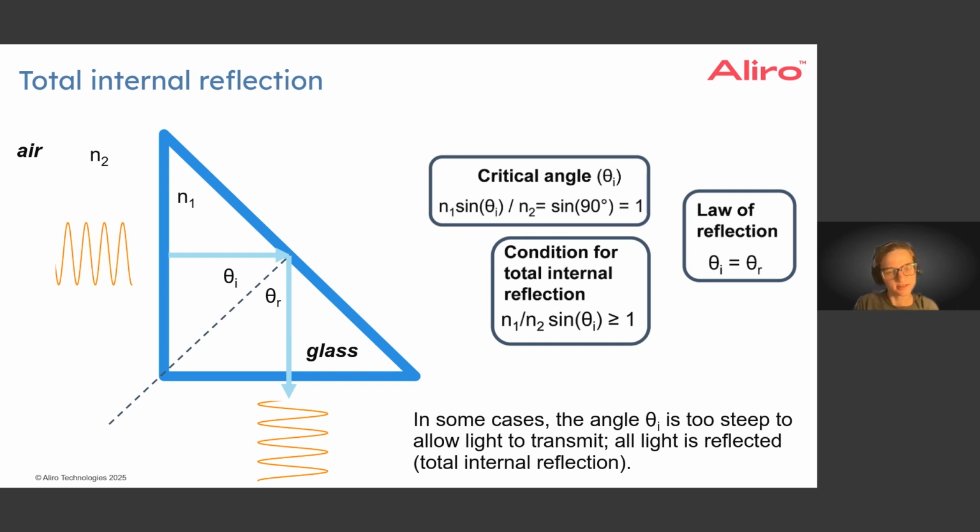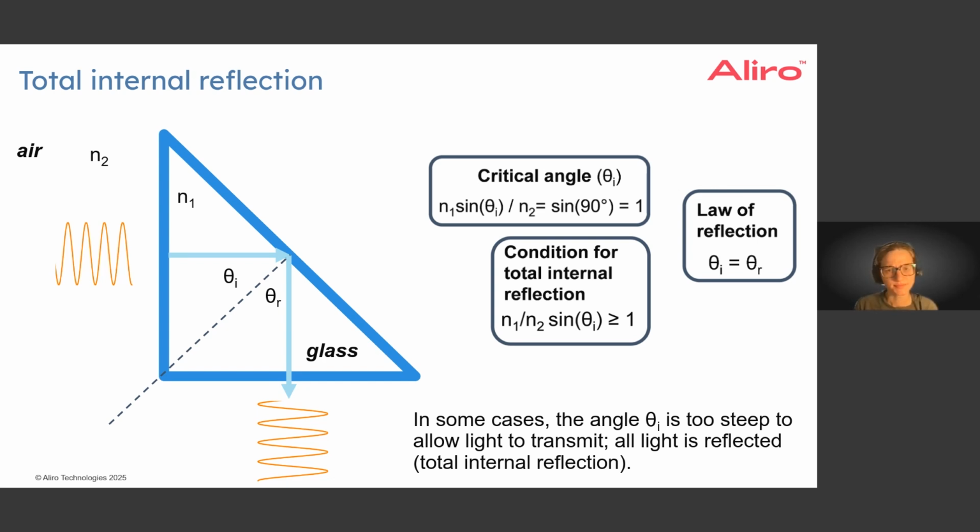And this might start to seem a little bit weird because we might start to ask, is it even transmitting in that case? And we can also ask what's going to happen even if this theta T is even greater than 90 degrees? How do we even interpret what's happening to the light in that case?